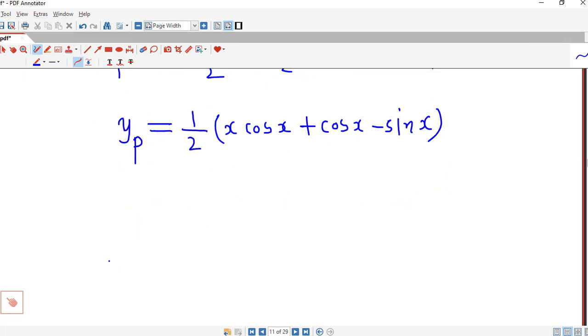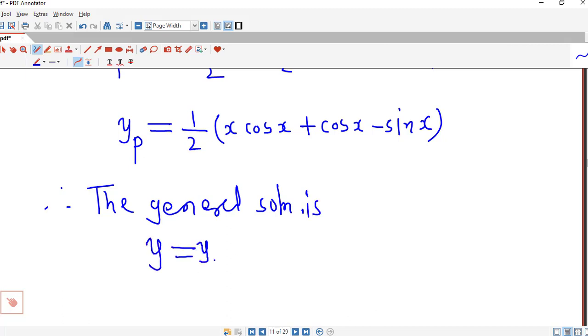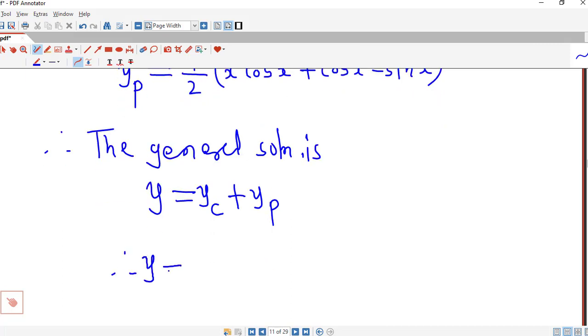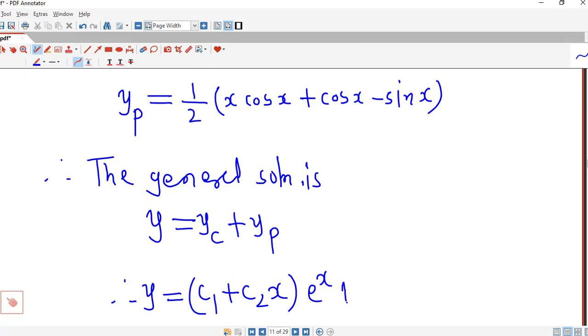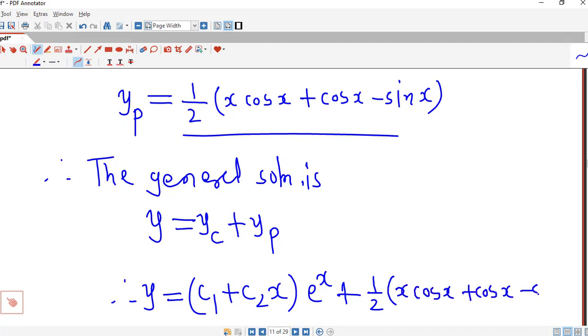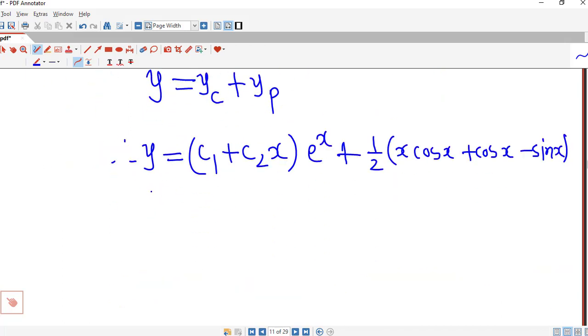So in the next step we have to write the general solution. Therefore the general solution is y equal to complementary function plus particular integral, and therefore y equals the complementary function, which was c1 plus c2 x times e raised to x, plus 1/2 of x into cos x plus cos x minus sin x, where c1 and c2 are arbitrary constants.